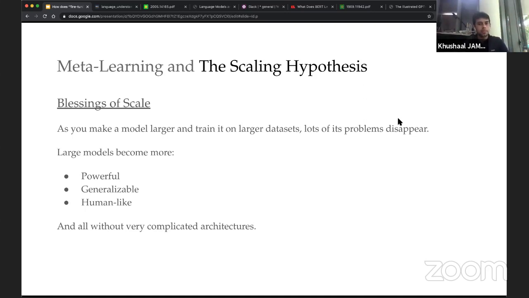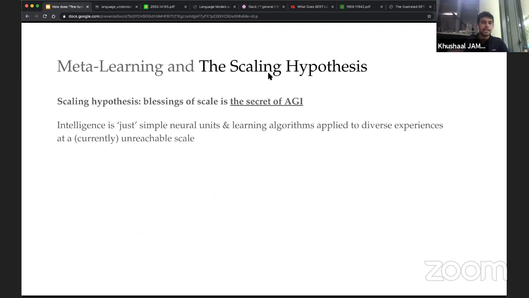And so the scaling hypothesis, I mentioned this back when I first introduced the GPT paper, regards the blessings of scale as the quote unquote secret of artificial general intelligence. It holds that intelligence is just quote unquote simple neural units and learning algorithms that are trained at currently unreachable scales.